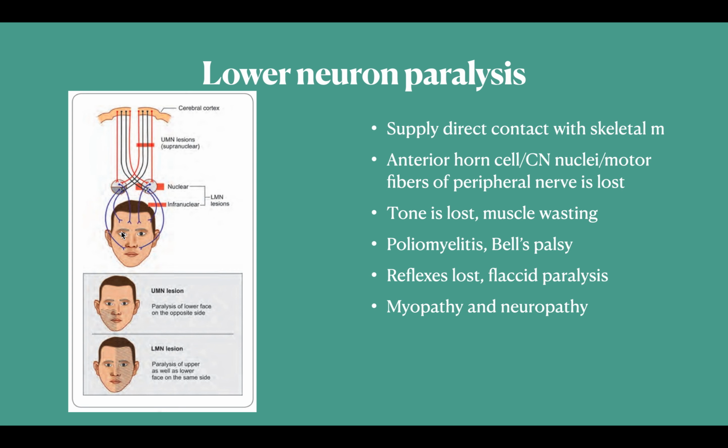So the entire half of the face will be affected. And it's due to the anterior horn cells, cranial nerve nuclei, and motor fibers of the peripheral nerves being lost. So this is going to be resulting in atrophy and flaccid paralysis.